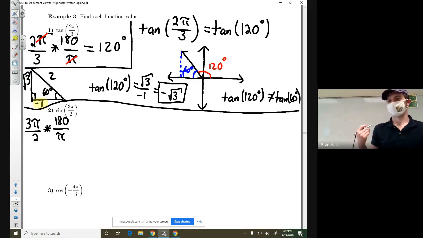The intuitive way of thinking about this is that the pi's cancel, which is also good because putting pi in your calculator will normally give you some weird decimals. But 3 over 2 times 180, is that 270? Yeah. 270 degrees, cool.